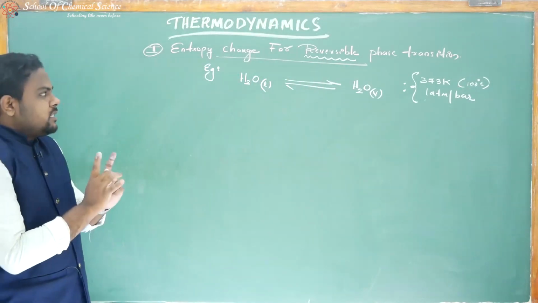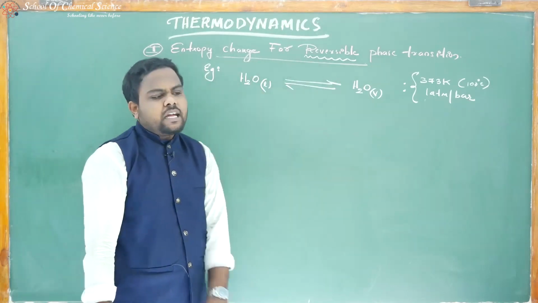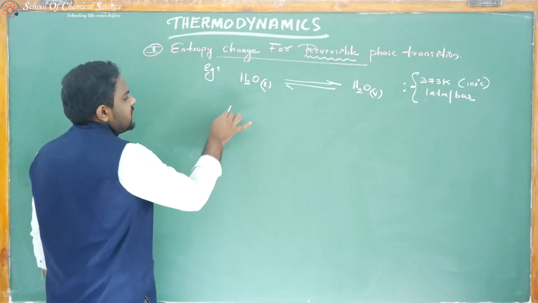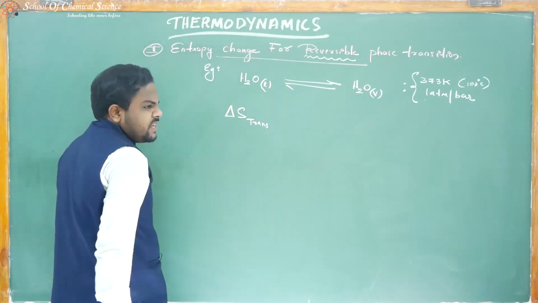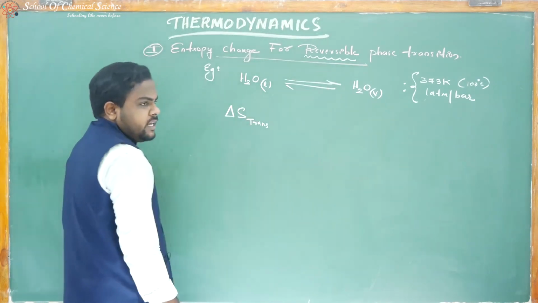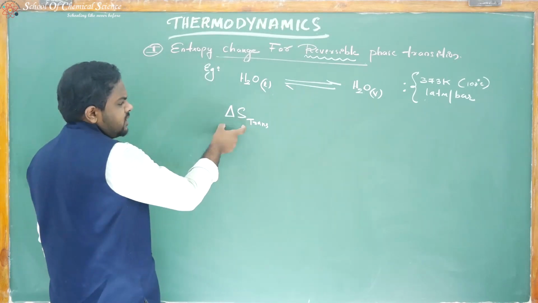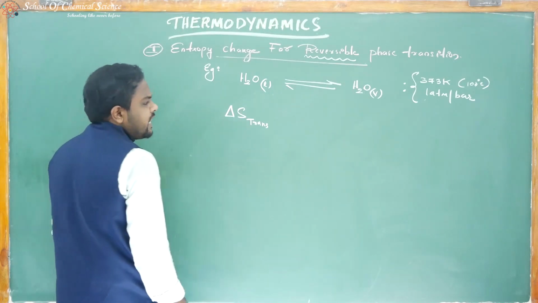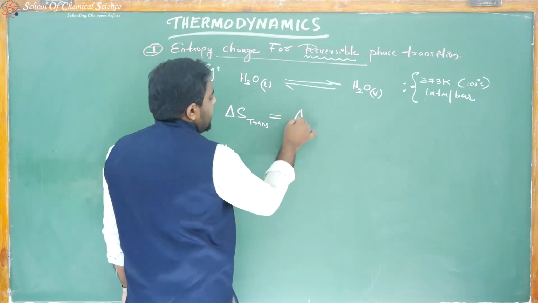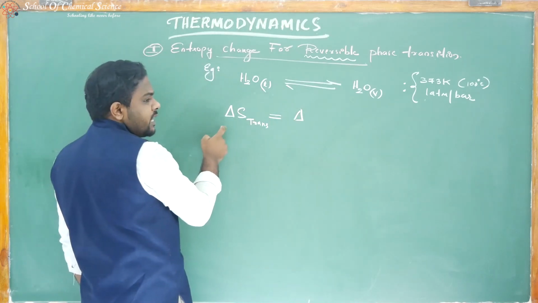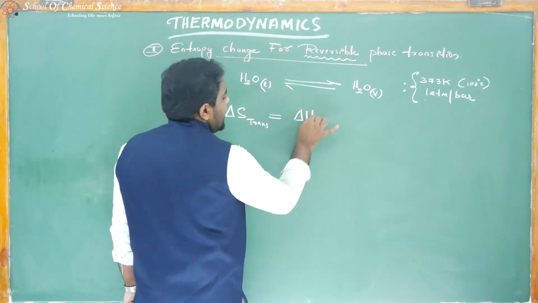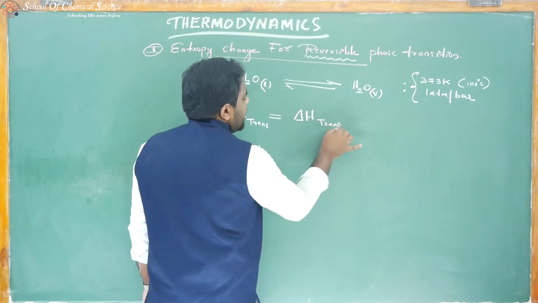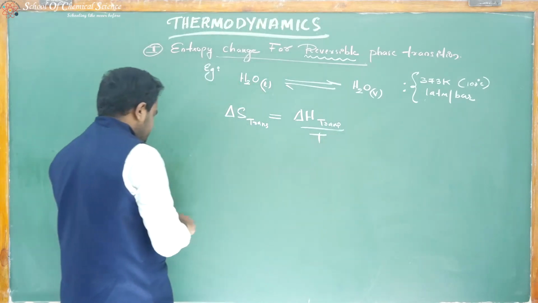In such cases, if it is a reversible phase transition, such as liquid to vapor, the entropy change for the transition is equal to the enthalpy change of transition divided by temperature.